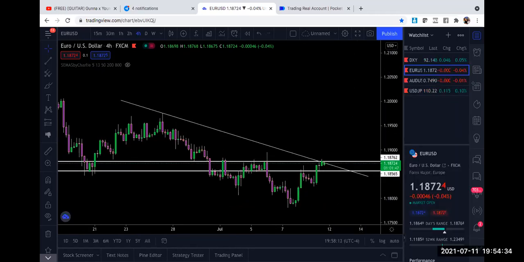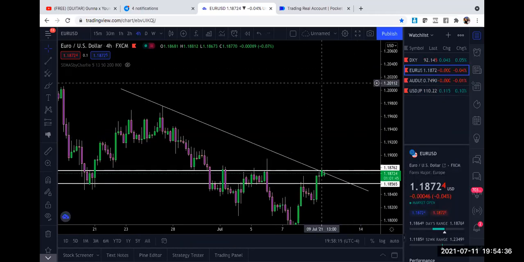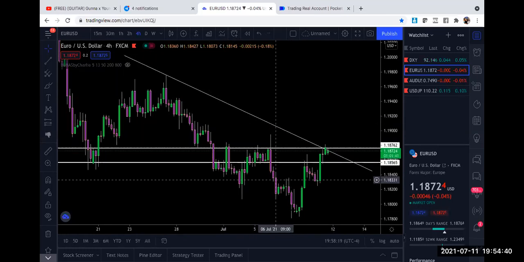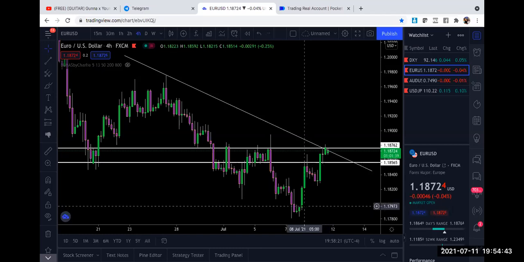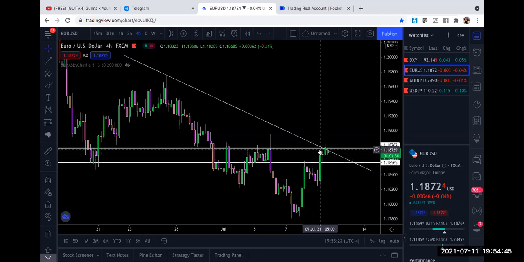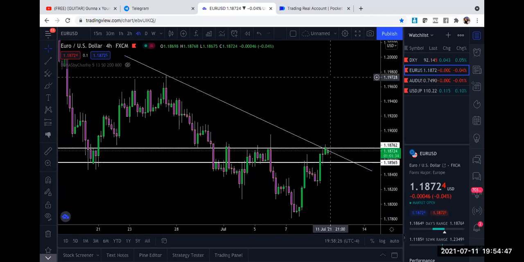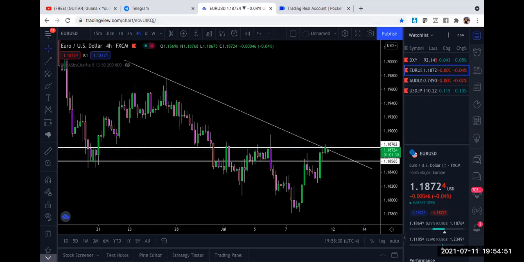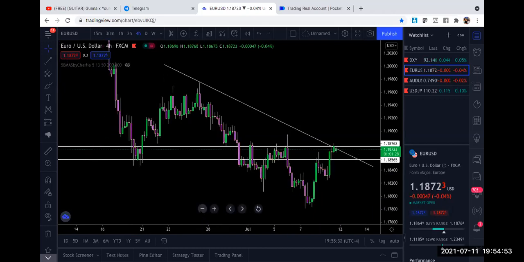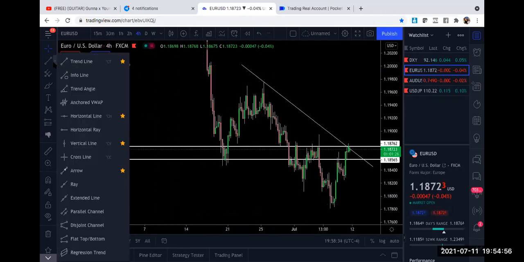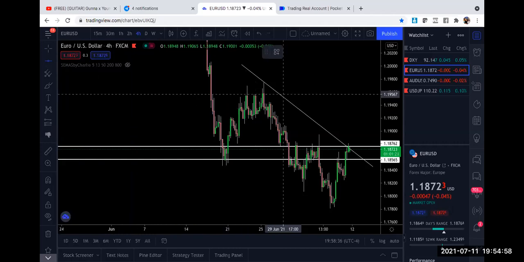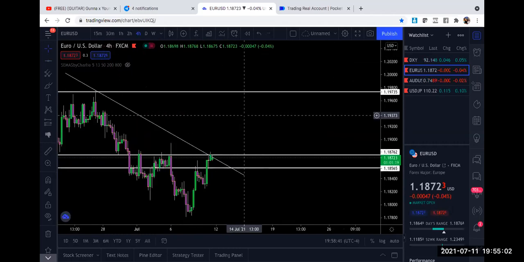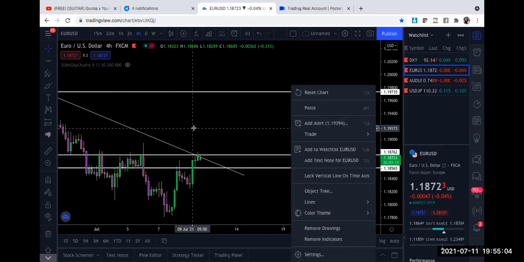I won't put too many lines on there for you guys in case you want to just take pictures and follow along. We were clearly heading down, and this was the last lower low, and we're at the same high right now. So that's why I'm thinking that we're going to get this broken, come and retest right there and head on up at least back to about this area right here. So that's Euro USD.